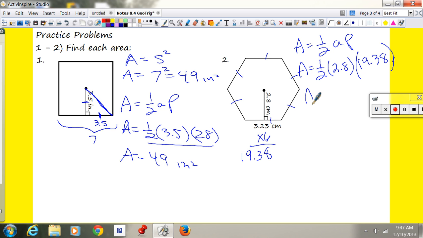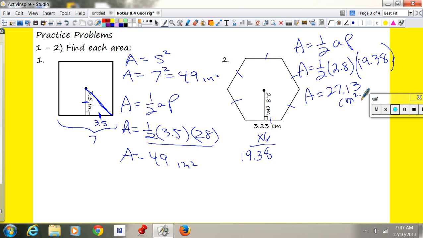Now you can just multiply 1/2 times the 2.8 times the 19.38. 0.5 times 2.8 times 19.38, and you get 27.13. And that would be square centimeters, the area of your regular hexagon.